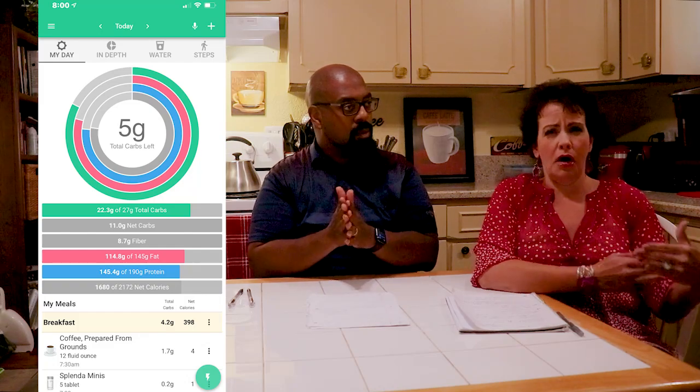The reason behind the whole net carb idea is that these are generally foods that don't tend to affect insulin or blood sugar. Things like fiber tend to offset any issue that would raise your insulin or blood sugar, because fiber digests slowly in the body. Then there's also sugar alcohols, like erythritol, which we use in just about everything.